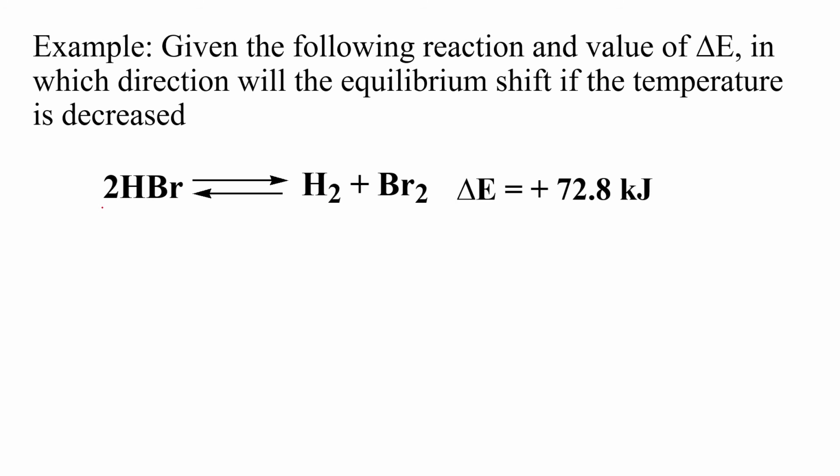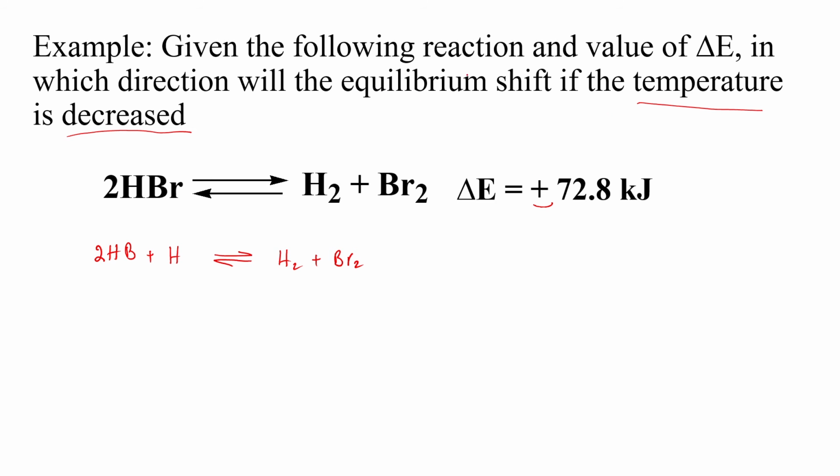So here we have the example. Given the following reaction and the value of delta E, in which direction will the equilibrium shift if the temperature is decreased? Remember, the first thing you need to do is to know whether this energy is a reactant or product. The sign for energy is positive, meaning this is being consumed and is the reactant, so I will write it down on the reactant side.